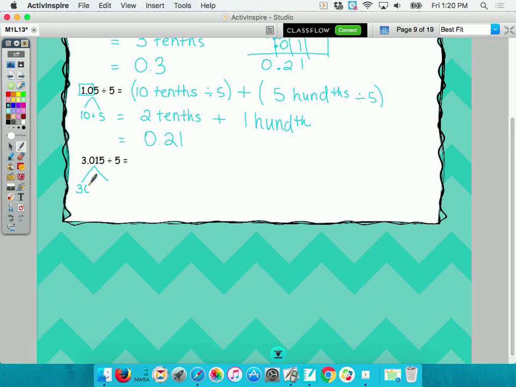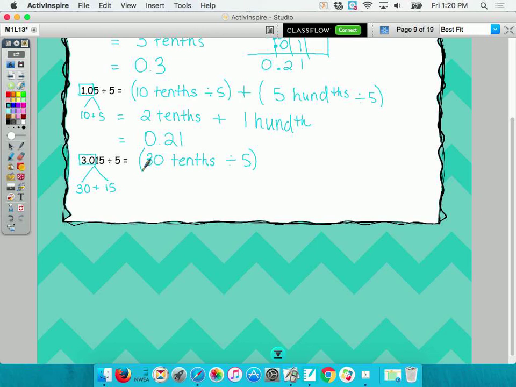So we have a 30 and a 15. Okay, but I need to go ahead and put a box around that so I can figure out what it is. 30 what? It's not 30 ones, 30 tenths. So you are right, 30 and 15. 30 tenths divided by 5.